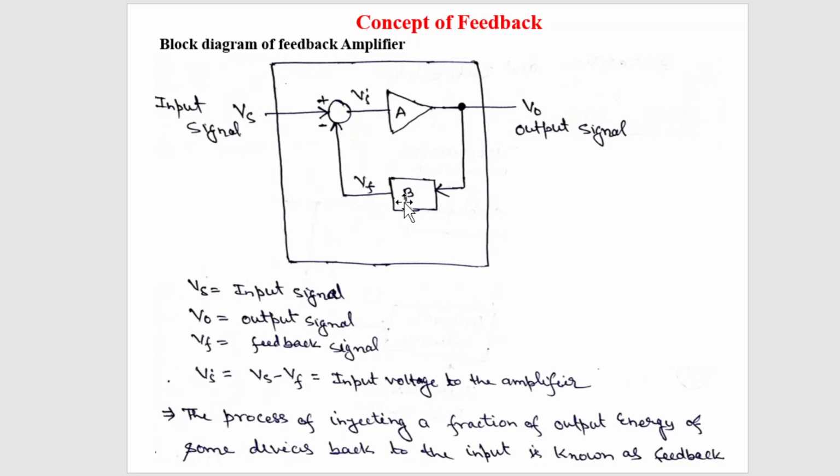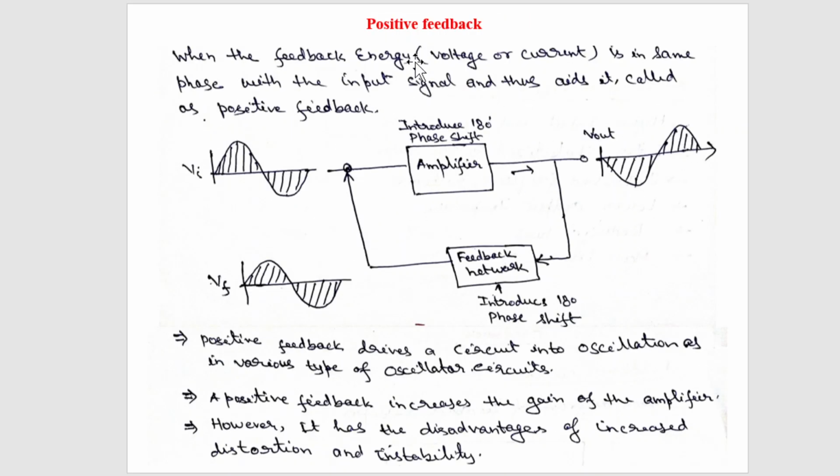Let us try to understand positive feedback and negative feedback in a feedback amplifier circuit. When the feedback energy, which may be in the form of voltage or current, is in the same phase with the input signal, this type of feedback is called positive feedback.